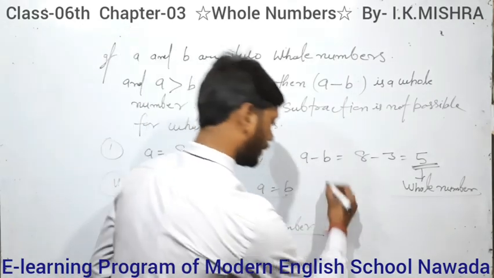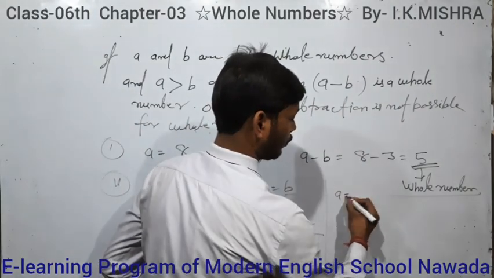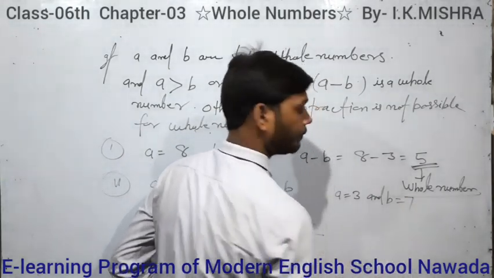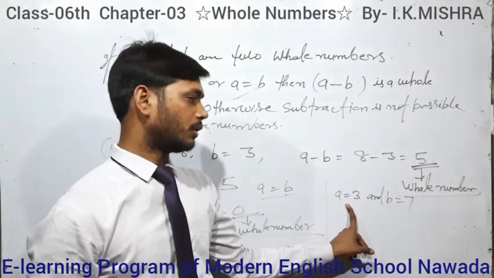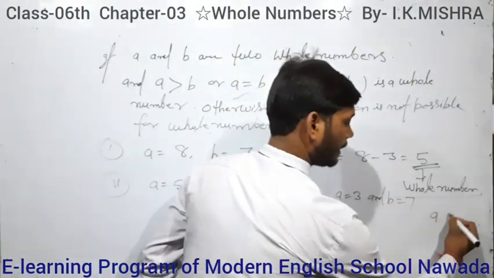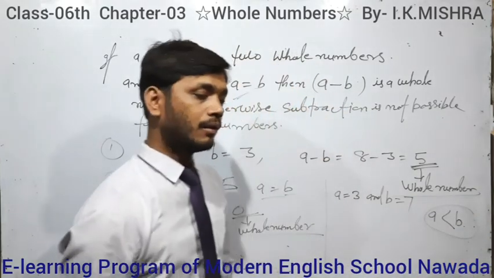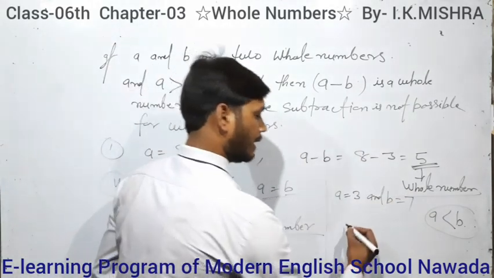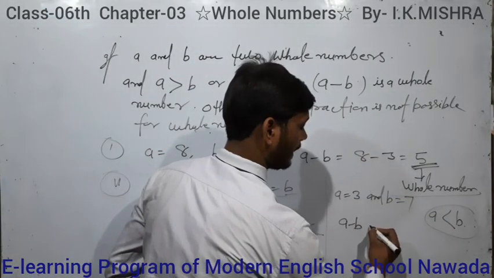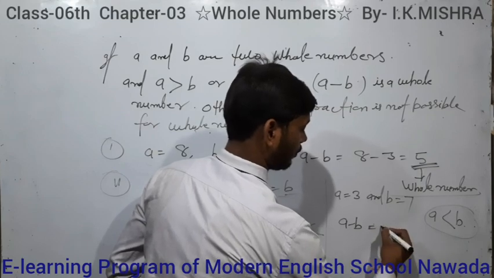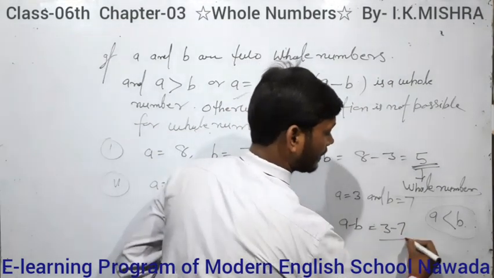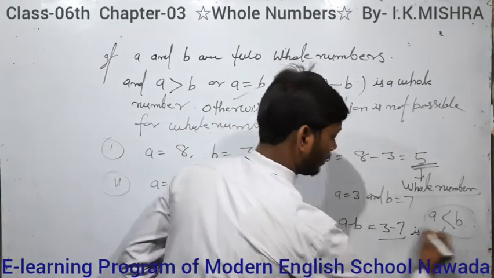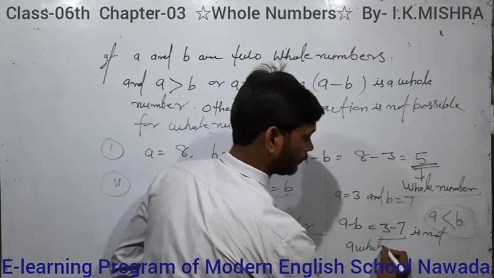Students, but here A equal to 3 and B equal to 7. That means A is less than B. In this case, subtraction is not possible for whole numbers. That means A minus B is equal to 3 minus 7, which is not a whole number.